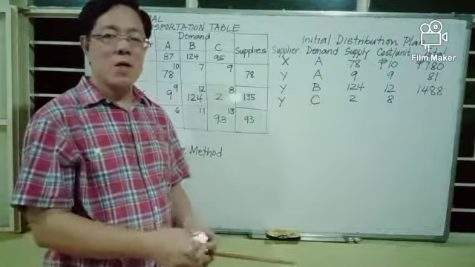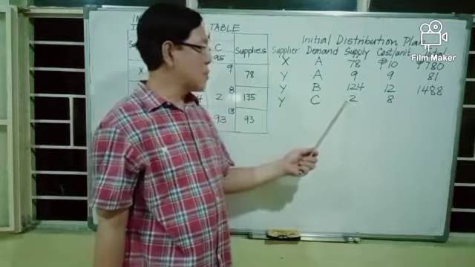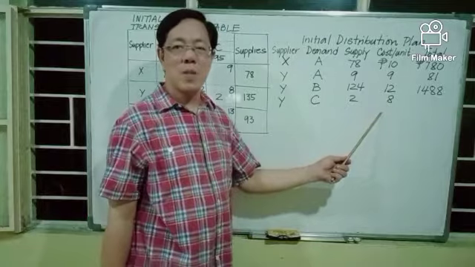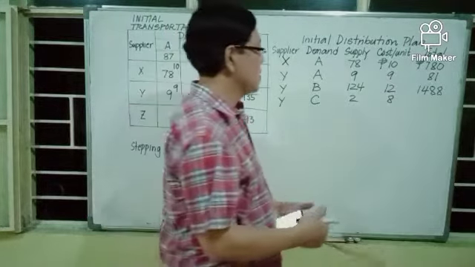The total cost of transporting 2 units from supplier Y to customer C at 8 pesos per unit is to multiply 2 by 8, 16 pesos.